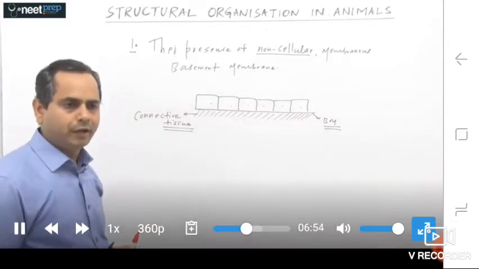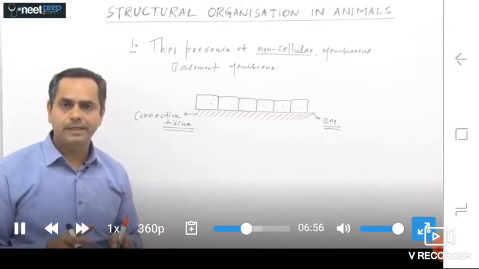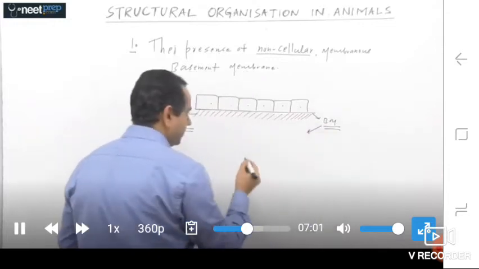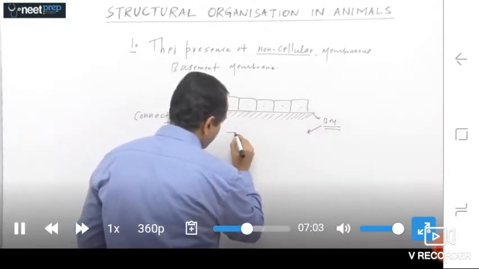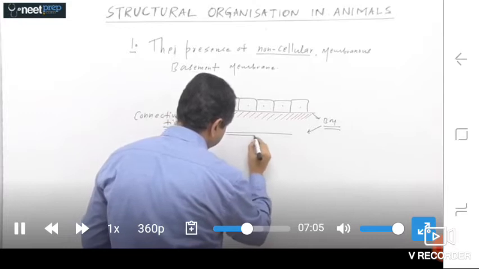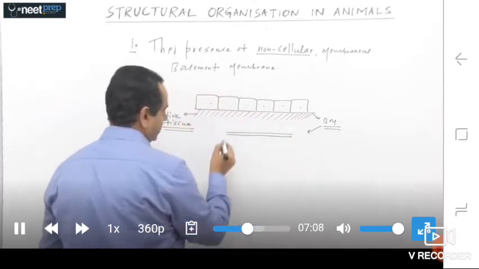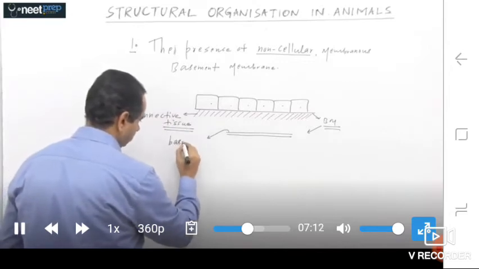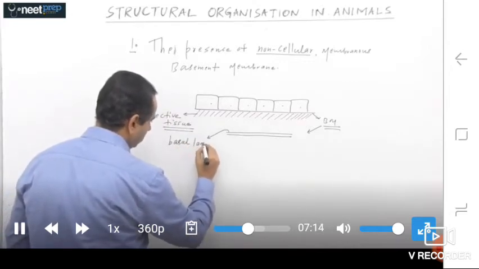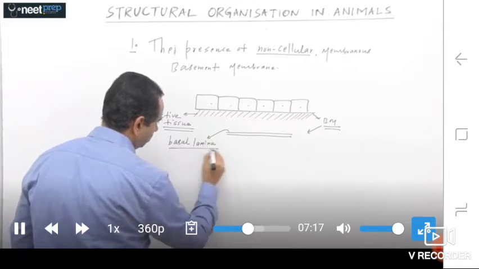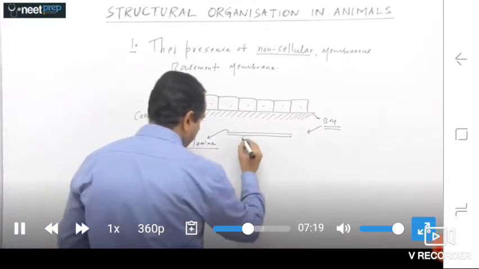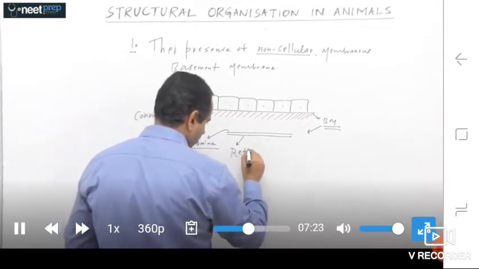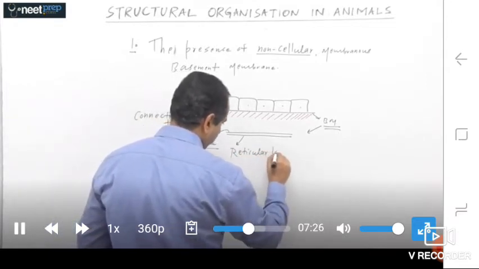If you magnify the structure of the basement membrane, it contains two different layers. The upper layer is called the basal lamina, and the lower layer is called the reticular lamina.